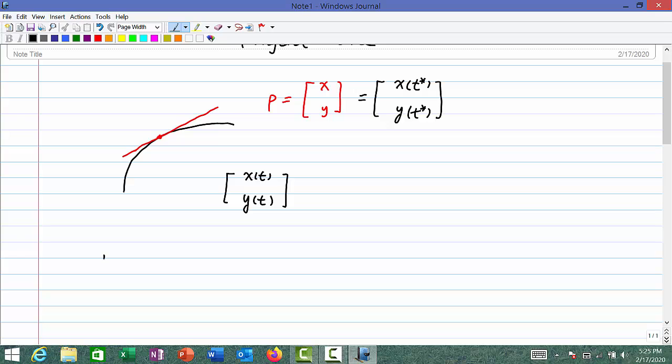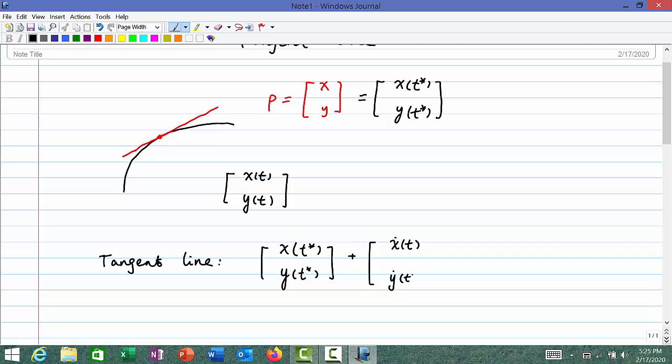The tangent line is represented by the point itself, x(t*), y(t*), plus t times the derivative, x dot of t and y dot of t, evaluated at t equals t*, the point at which one wants to find the tangent line.